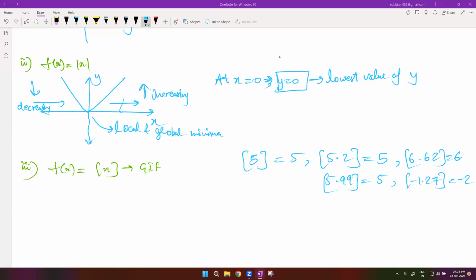Some functions are expressed by only one expression, for example, f(x) equals x squared, or f(x) equals sin x. But there are some functions which are expressed by multiple equations or multiple expressions.